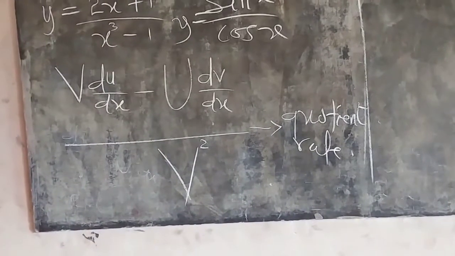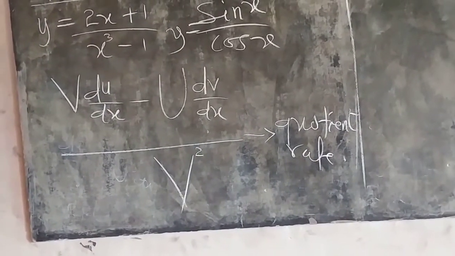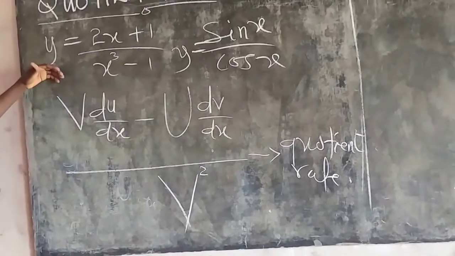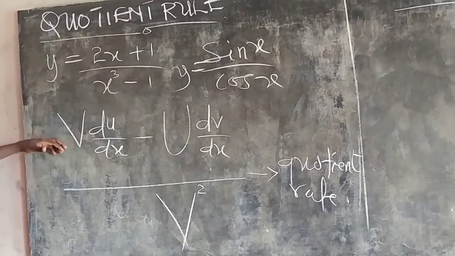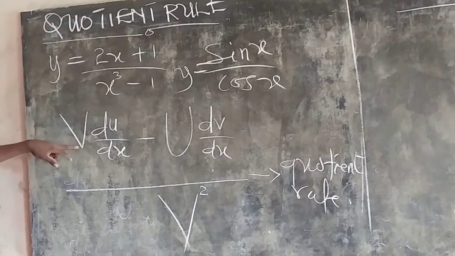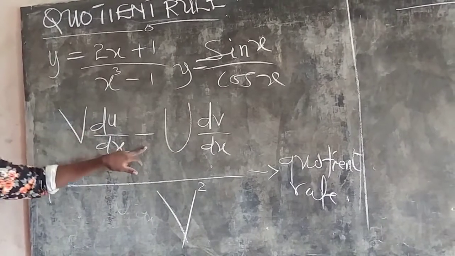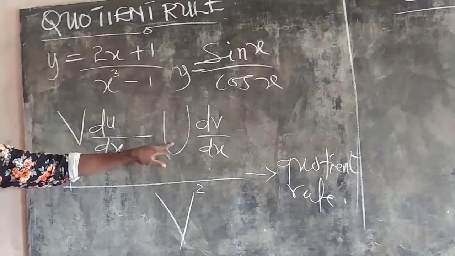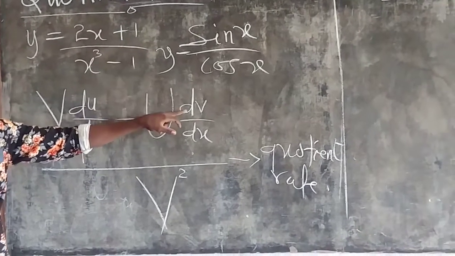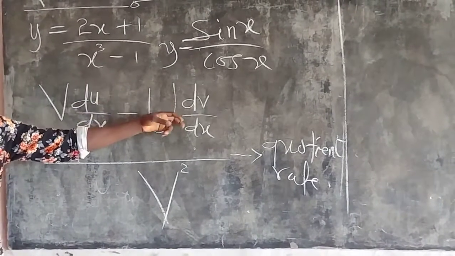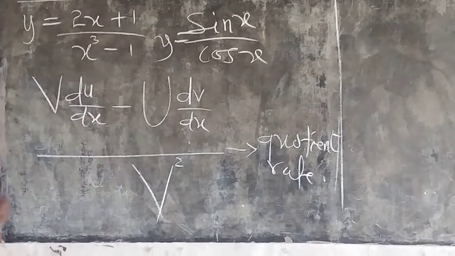That is the quotient rule. So if you are being asked to differentiate a function of this kind, the quotient rule says that you take the product of v times the derivative of u, minus the product of u times the derivative of v, all divided by v squared.